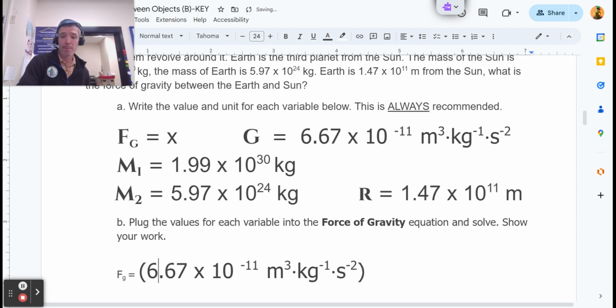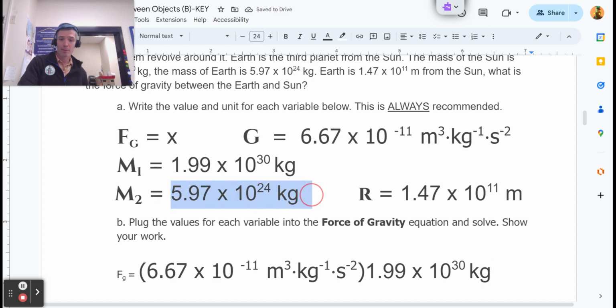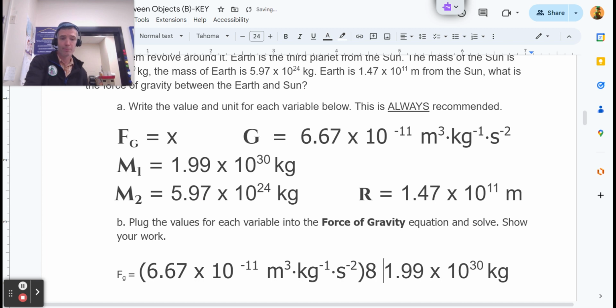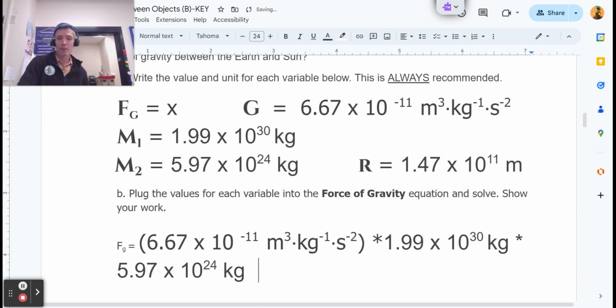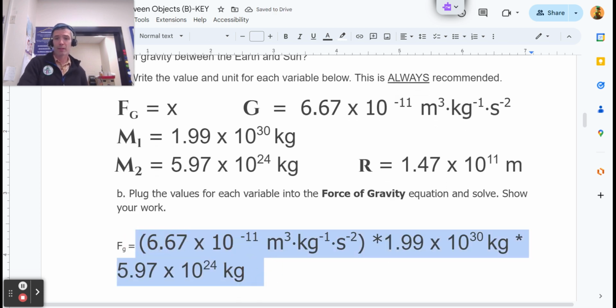All right. And then you multiply it by these two. I'm going to change the size to make that a little easier to read.